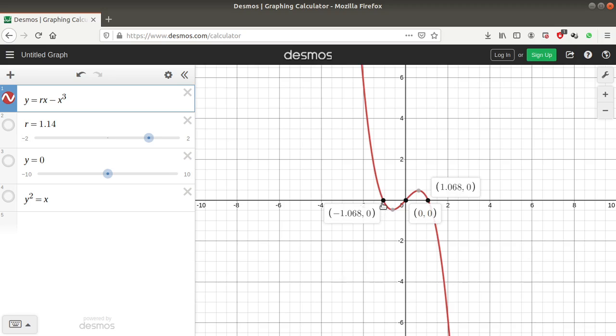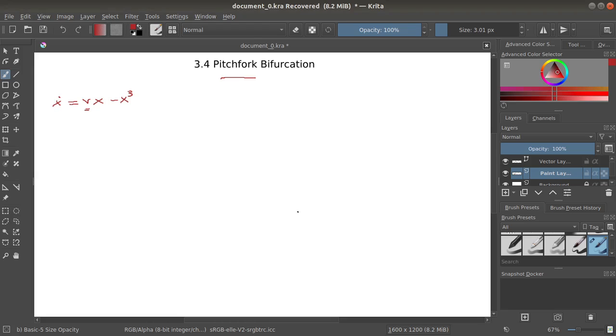Now let's identify what those fixed points are. This is our system's normal form, and the calculation of fixed points: x dot equals 0, which gives rx minus x cube equals 0.